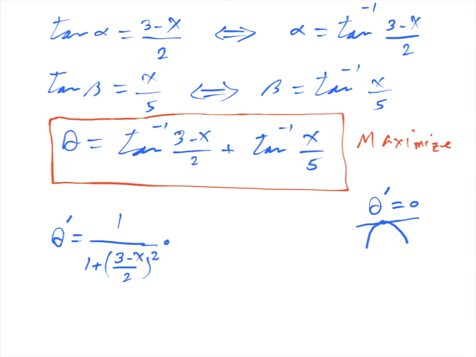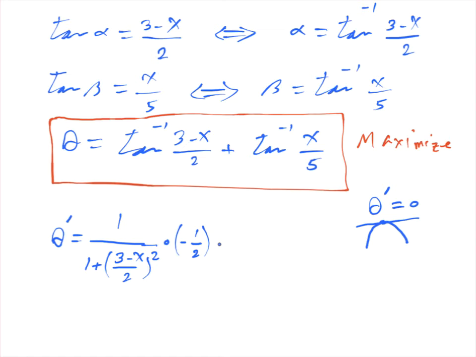I hope you don't use the quotient rule for that. You don't need it, it's much easier, because the denominator is constant. This can be written as 3 halves minus 1/2 x, and the derivative of that is exactly minus 1/2.